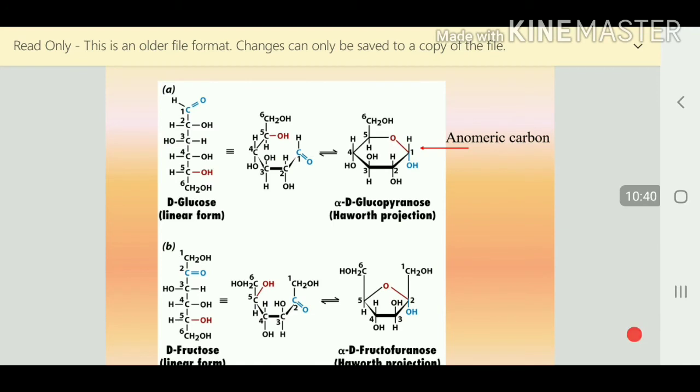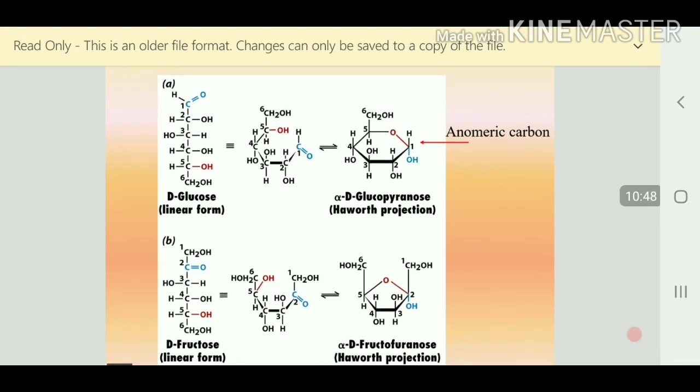See in this slide, this is again D-glucose, which has 5 different hydroxyl groups, and in blue the carbonyl group is shown, and in red the 5th carbon hydroxyl group is shown.